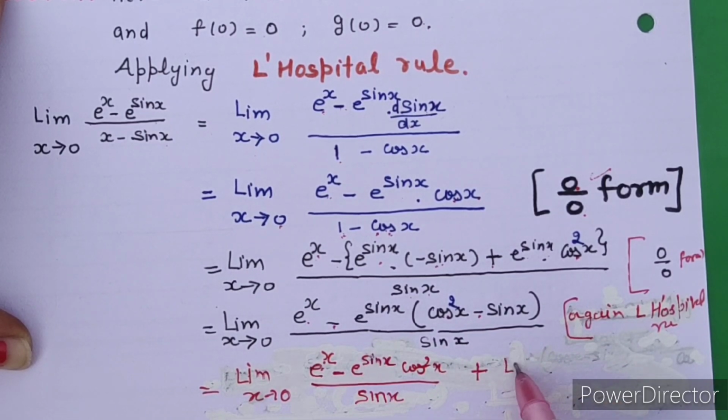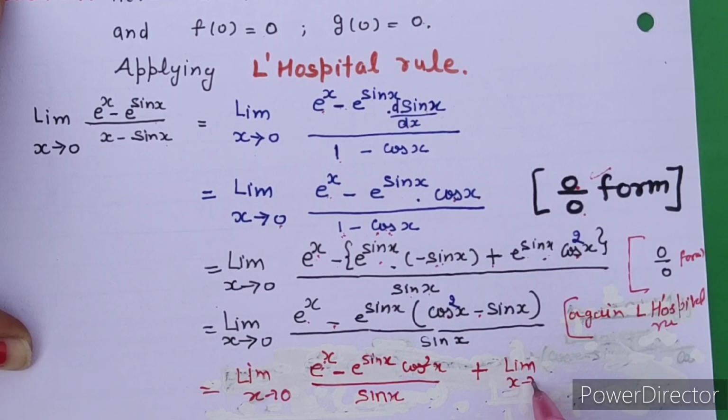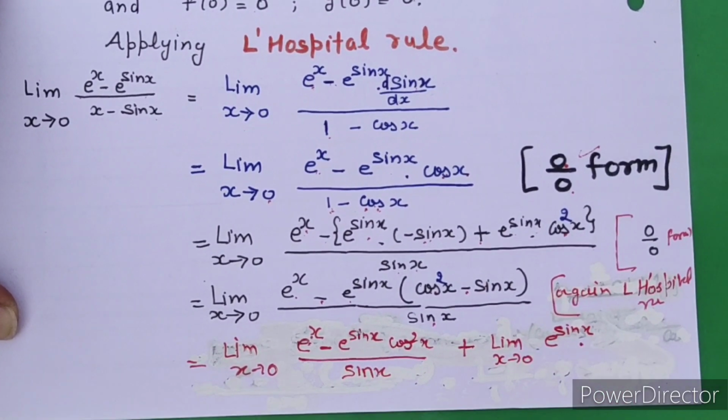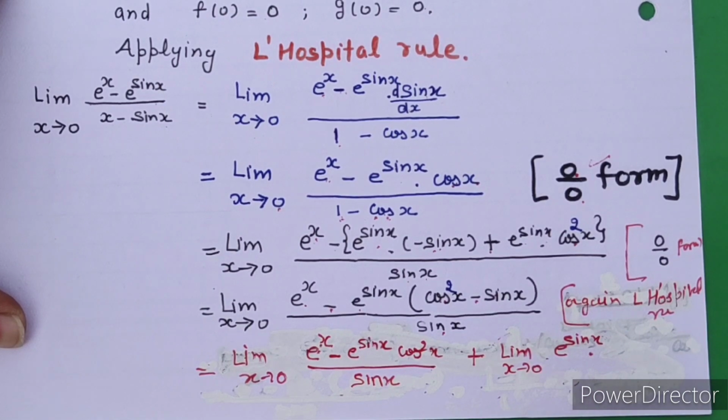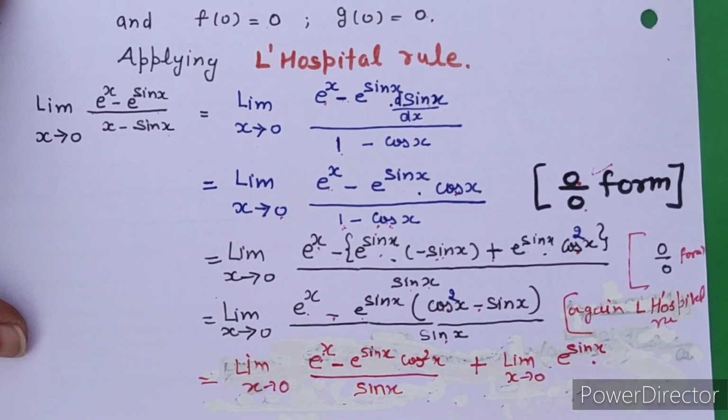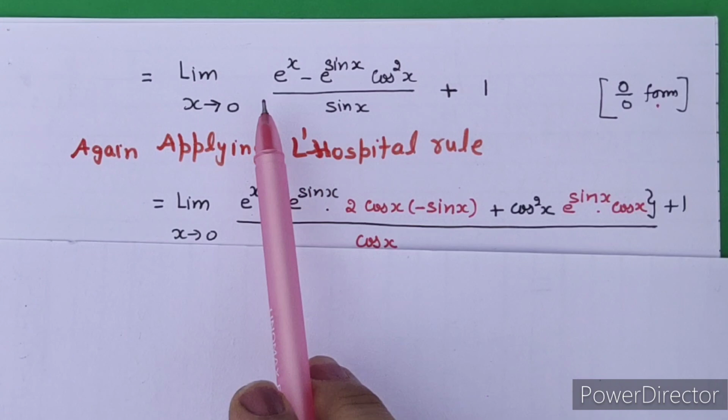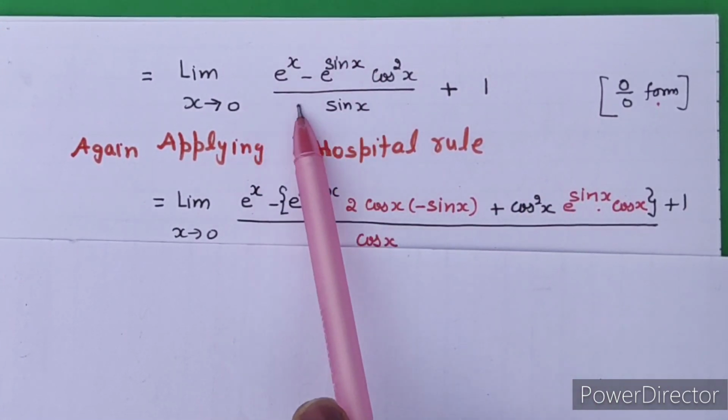When you apply the limit x tends to 0, this is e^(sin x) into sin x by sin x, this gives you 1. Okay. Now the limit expression of this one, e^0 is 1, so this limit expression is 1. So this expression becomes this one. Again this is 0 by 0 form.